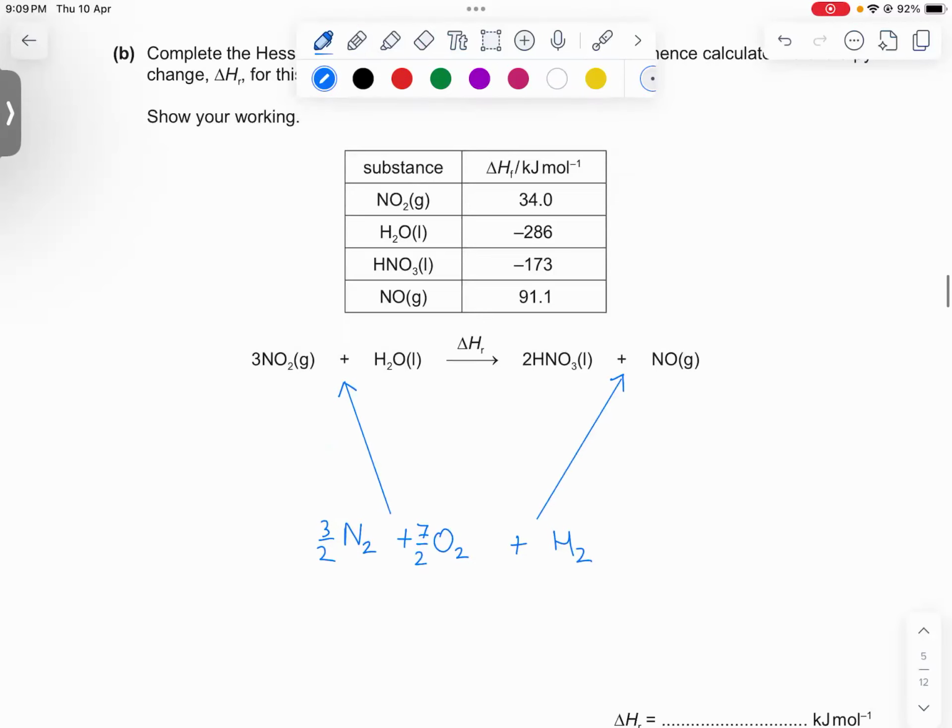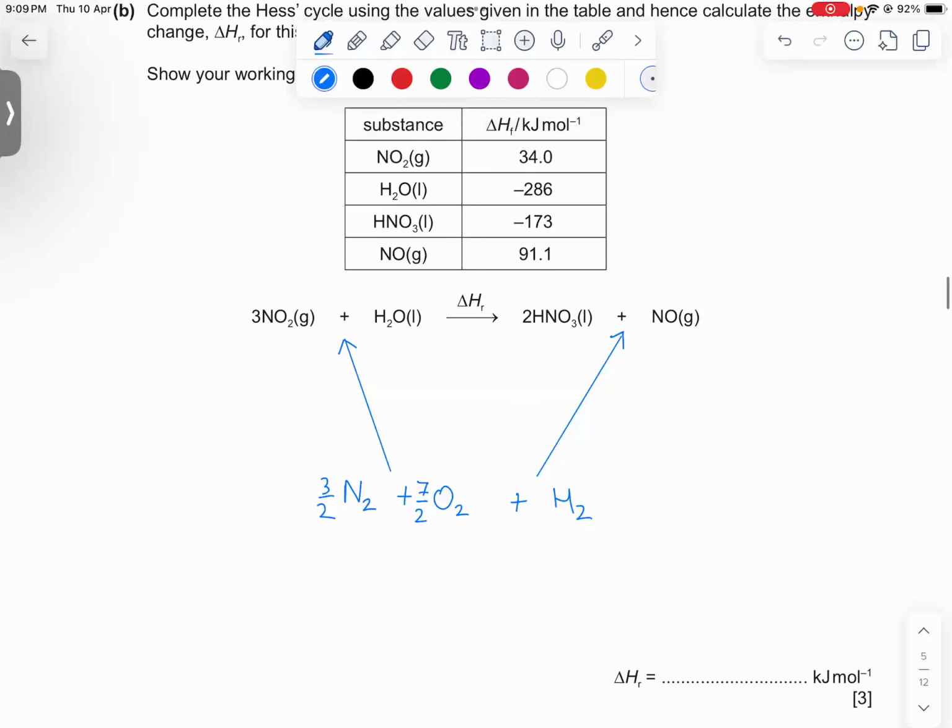The energies of formation are recorded over here. Now all you need to do is calculate how many moles of each product are formed. For example, 1 mole of NO2 when formed produces 34 kilojoules. We have produced 3 moles of NO2, so we write 3 times 34. Beta, what is the answer? 102.